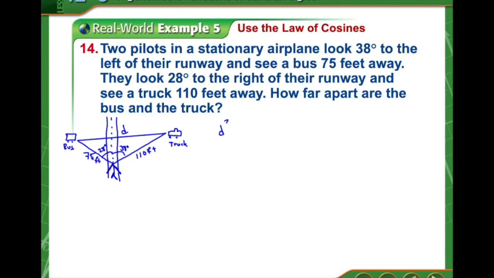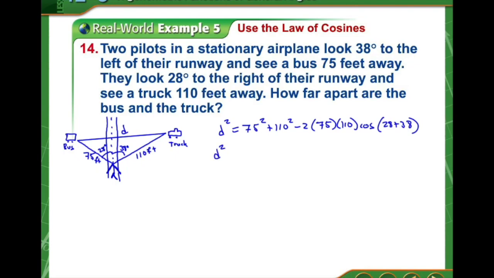So our distance between those squared is equal to the 75 feet squared plus 110 squared minus 2 times 75 times 110 times cosine of the combination of our angles. So we got to add those up, 28 and 38, because those are from the straightaway down the runway angle.